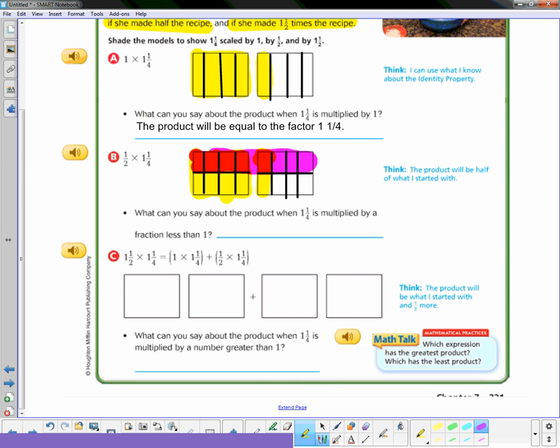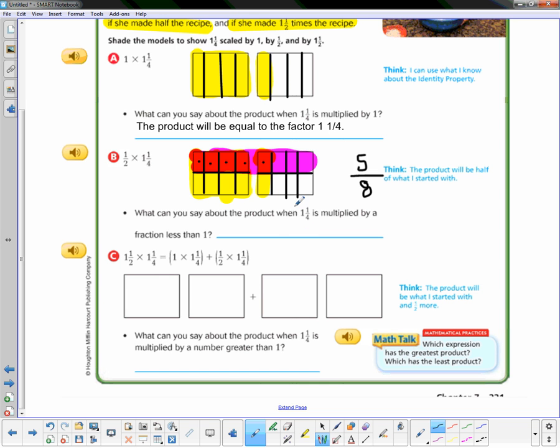So if we count them up, we've got 1, 2, 3, 4, 5 over, well, let's figure out how many pieces we have. 1, 2, 3, 4, 5, 6, 7, 8. 5/8. That's not even a whole number.